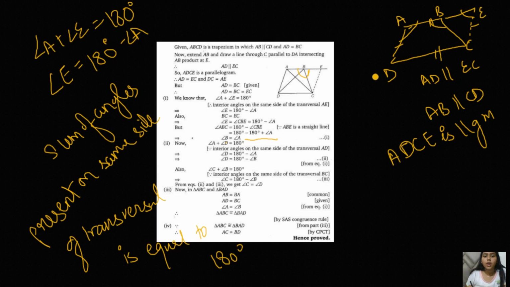Okay, so you can put it there. Now angle D will be 180 minus A. Since angle A is equal to angle B, we can write it as angle D equals 180 minus B.